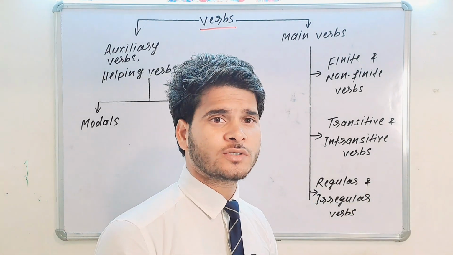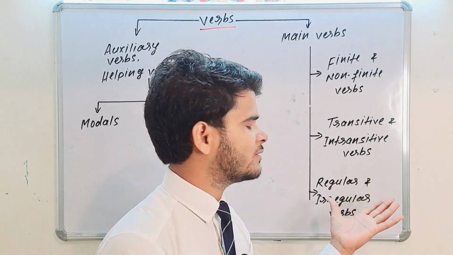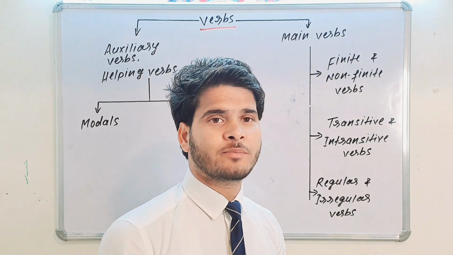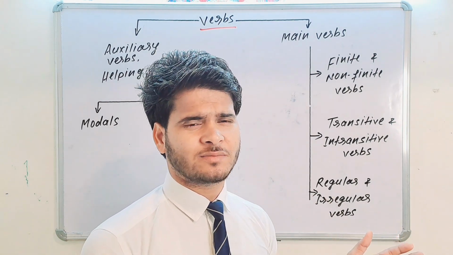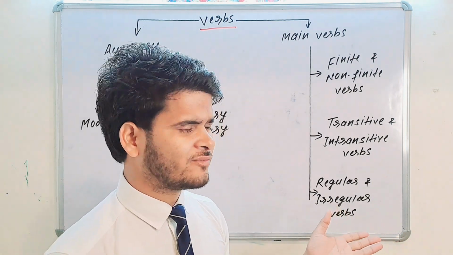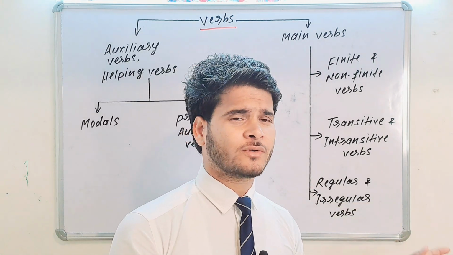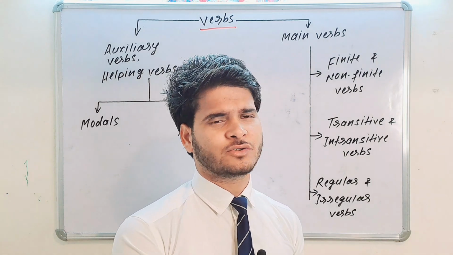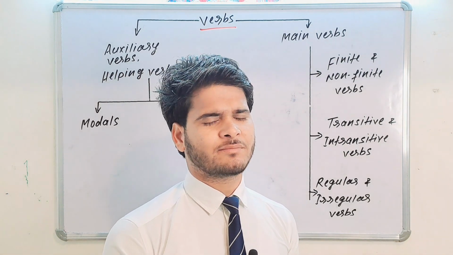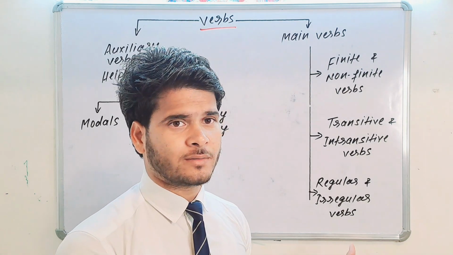Intransitive does not take a direct object. Regular follows a regular pattern and is converted from present to past and past participle form by adding some suffix. Irregular does not follow a fixed pattern and is not converted by adding any suffix.